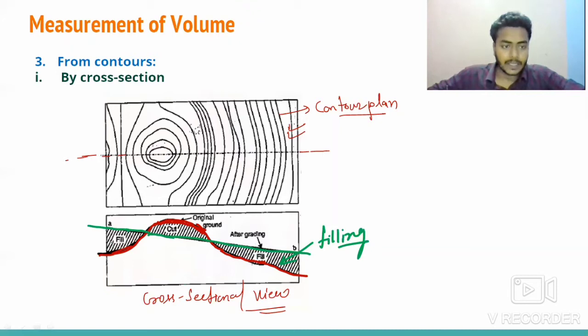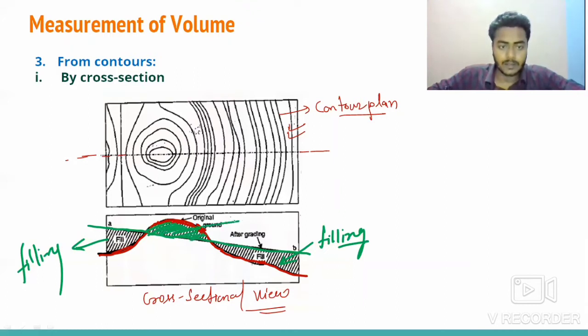Left side or right side, here also we need to fill, because the actual ground is just below the gradient we want. But here the ground is elevated above the required gradient, so this portion we have to cut.